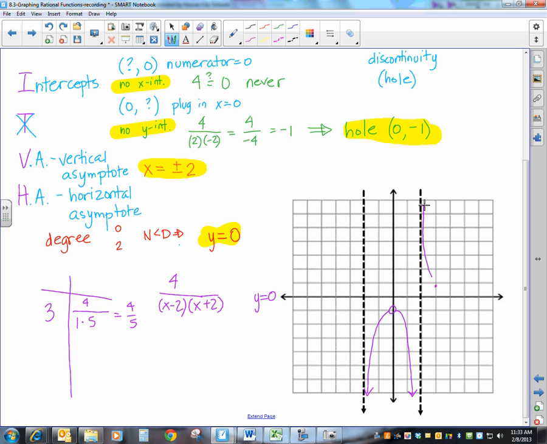And I'm going to connect it, not crossing because I know I don't have to. Then I'm going to pick a point in this region. I'm going to pick -3. Again, plug it in. 4 over -3 minus 2 is -5, times -3 plus 2 is -1. That gives me 4/5. So at -3, I have 4/5 again. And I'm going to make it approach my asymptotes like I know how. So that is the summary of graphing rational functions.